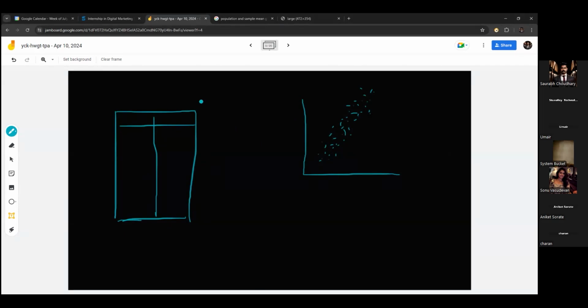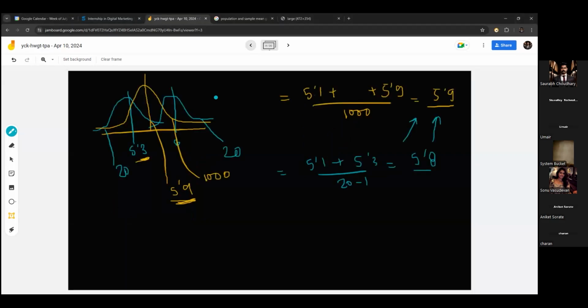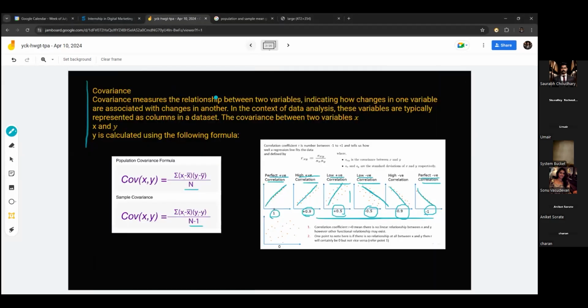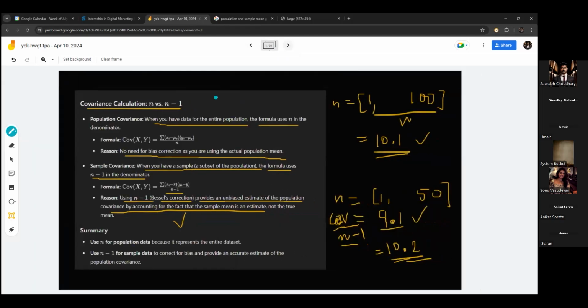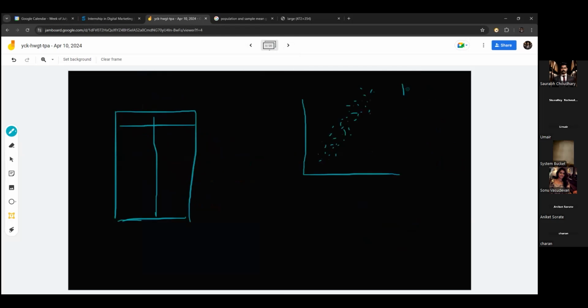Tell me. Positive correlation. Perfect or high? Yeah, that is positive, fine, but perfect or high? Correct, high. High positive covariance.